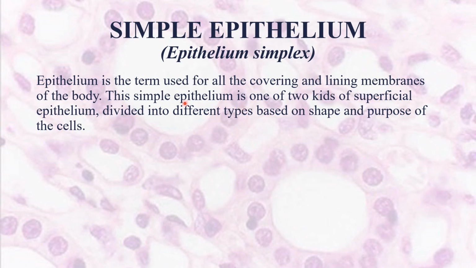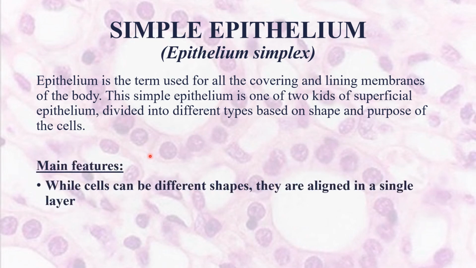And the simple epithelium is actually one of two types of superficial epithelium, and one of them is the simple one. And that simple epithelium is divided into four different types that are based on shape and the purpose of the cell. So today we will talk about all four types, which you will get to know right away.